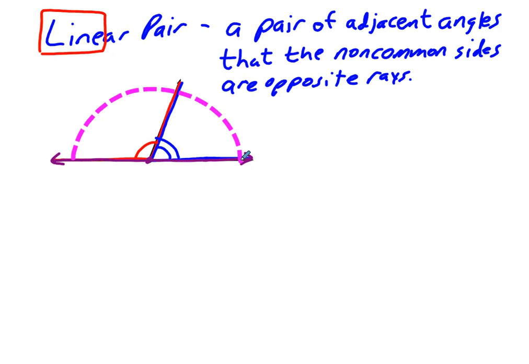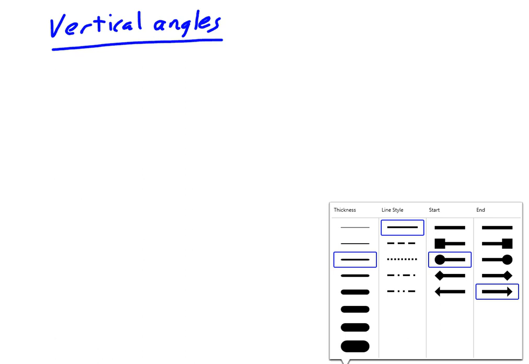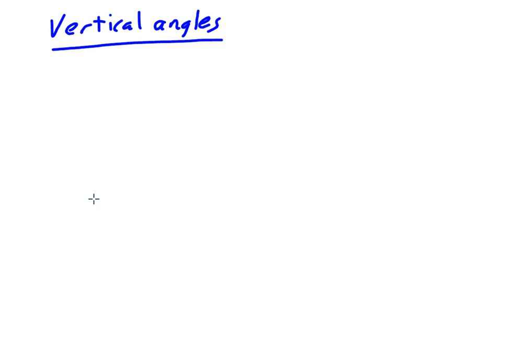All right, so next on the list we have vertical angles. Vertical angles are formed when we have two intersecting lines. Let's take a look at an example here.